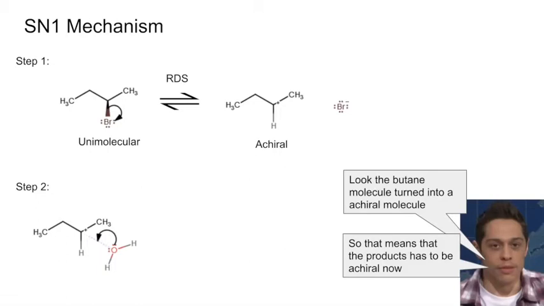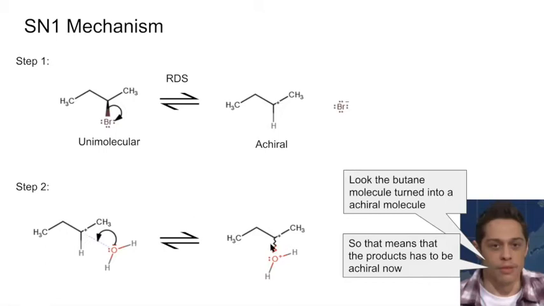Step 2, a water molecule adds onto the carbocation. I'm not a big fan of these arrows, but we're going to make them better. They were generated by the online version of Marvin Sketch, which isn't the best. But when this water molecule adds to that carbocation, it can add from our side of the screen to be wedged, or the back side to be dashed.